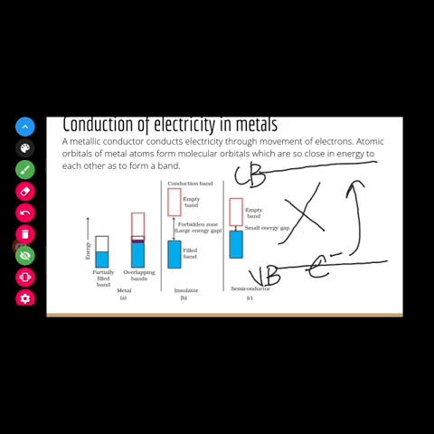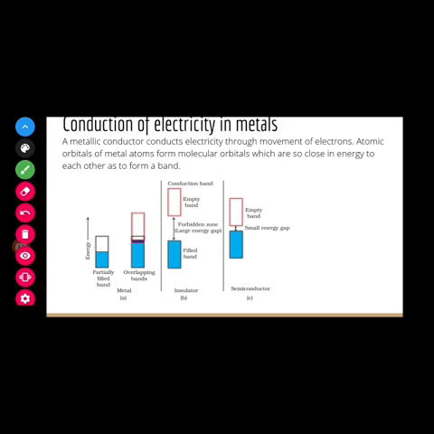So look at the diagram. In case of metals, it's partially filled, or you have overlapping bands. This is valence band and this is conduction band. Here it's easier for electrons to move from valence band to conduction band, therefore these are good conductors.